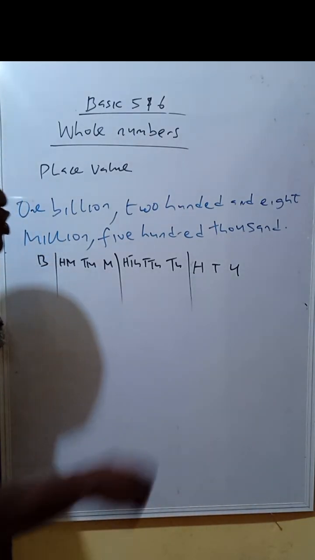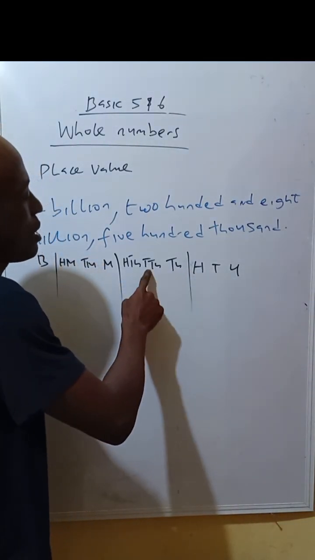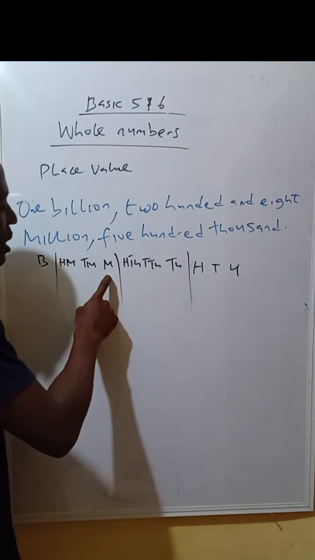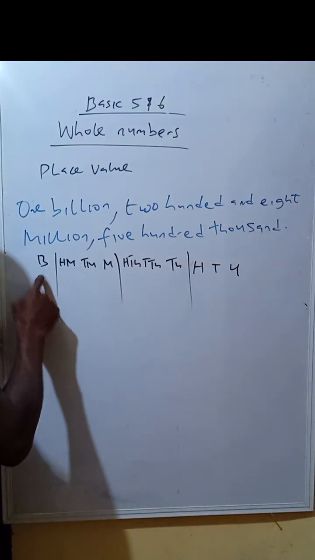So you can write the number this way. First, write your place value: unit, tens, hundred, thousand, 10,000, 100,000, million, 10 million, 100 million, billion.